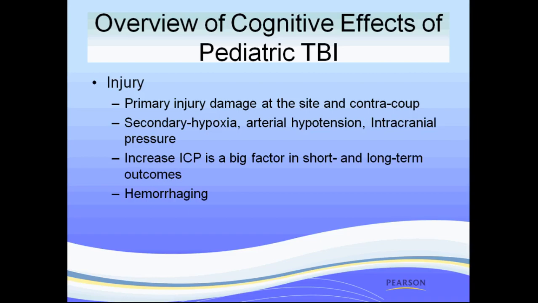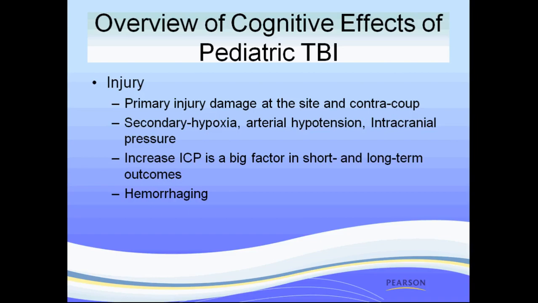More critically are secondary sources of damage, and this is loss of oxygen to specific parts of the brain due to bleeding, loss of blood in that area. In particular, the hippocampus, or the memory part of the brain, is really vulnerable to hypoxic damage.